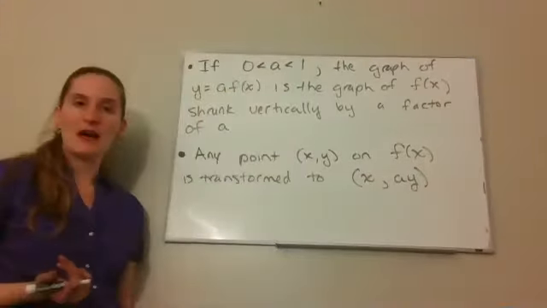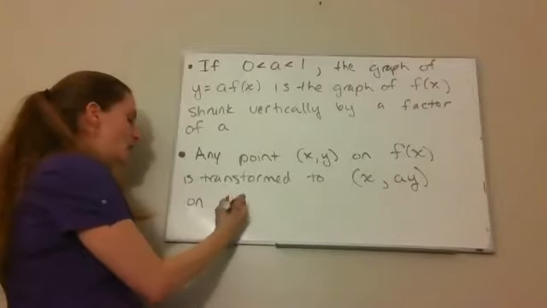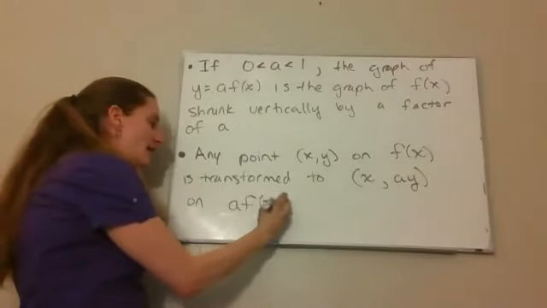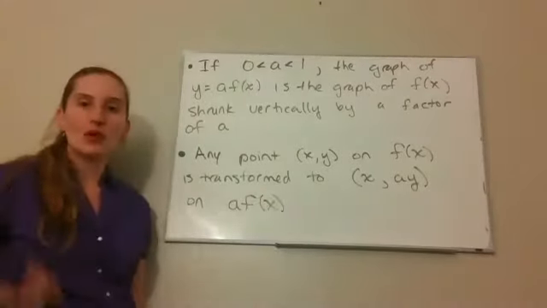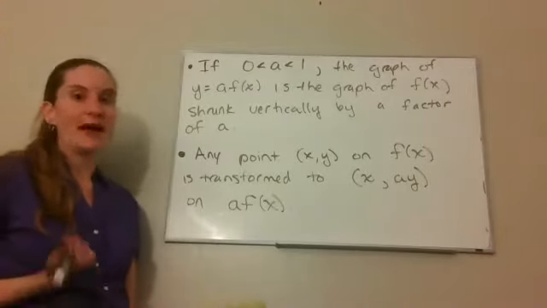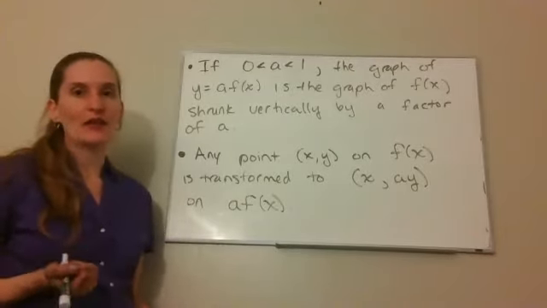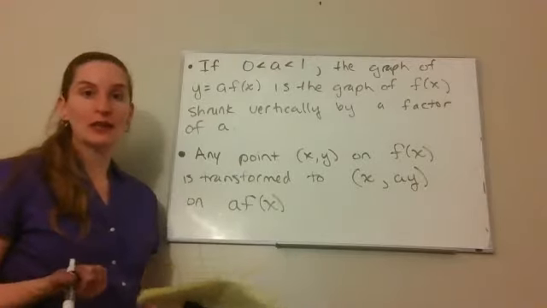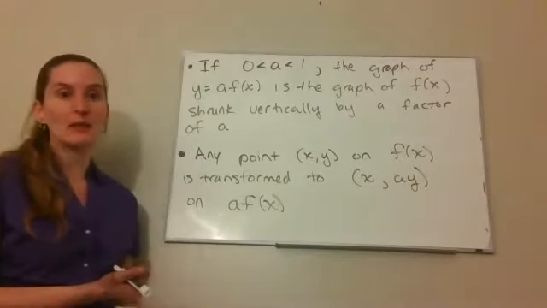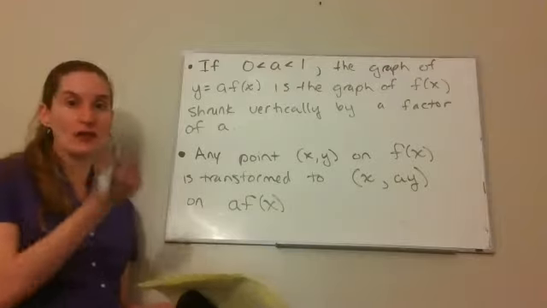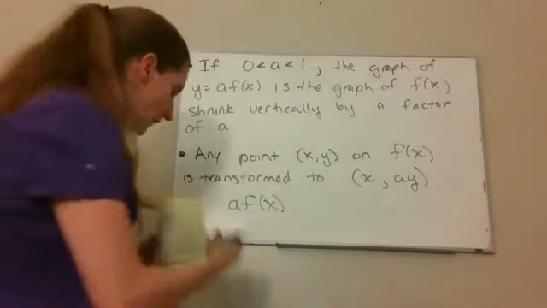So you can figure out what the graph of your function a times f of x looks like by multiplying the y coordinate by a, regardless of whether it is a stretch or a shrink. Just multiplying that y coordinate by a will take care of the stretching or shrinking for you.